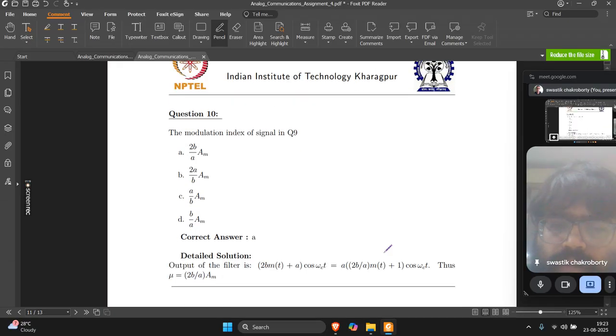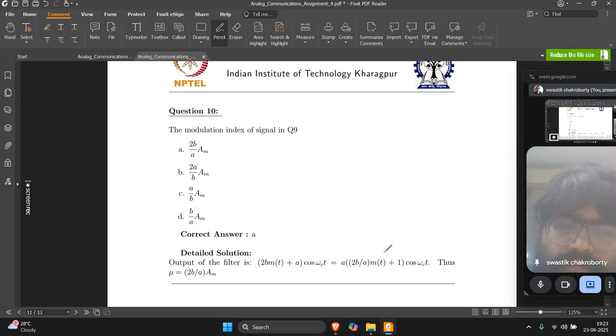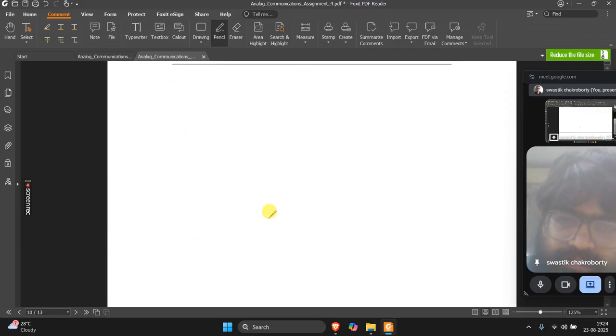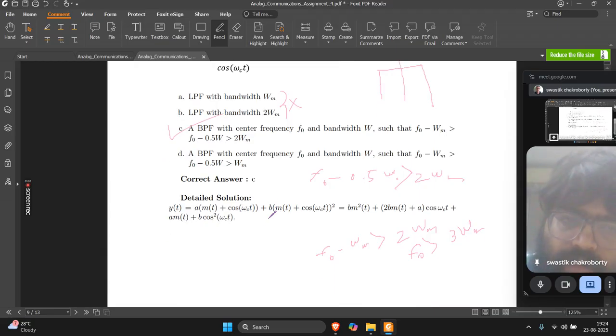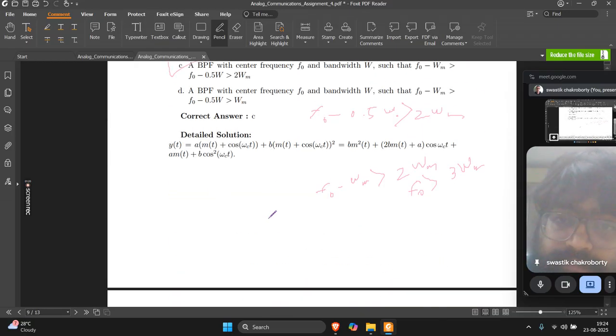Next, what is the modulation index? The modulation index will be determined by the output of the filter.